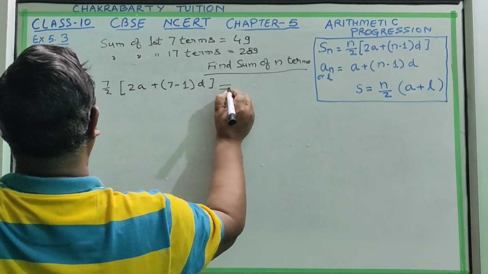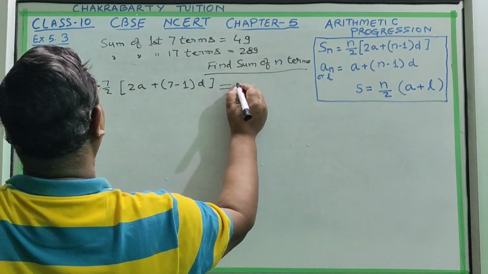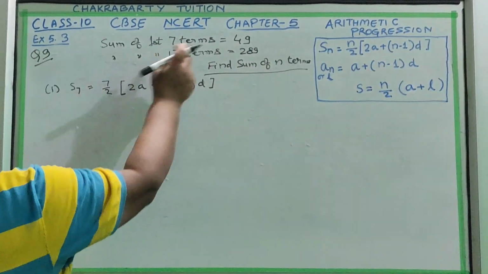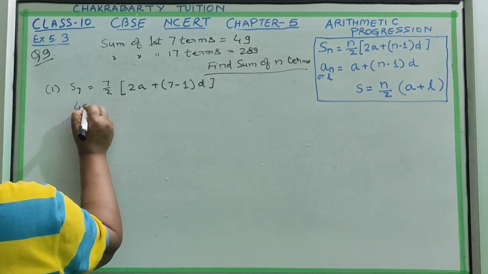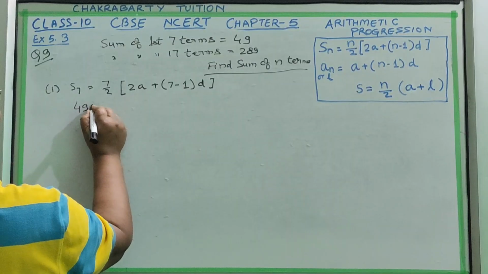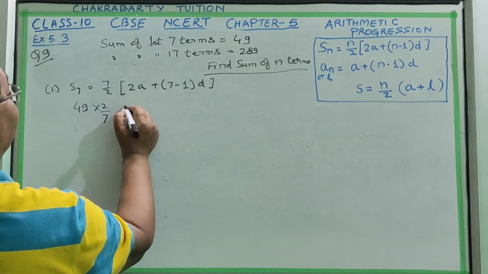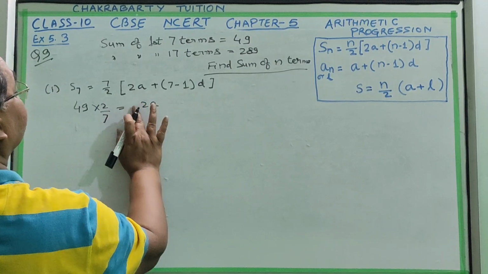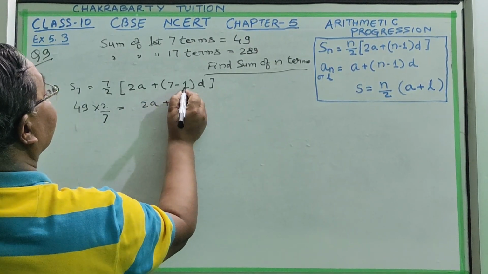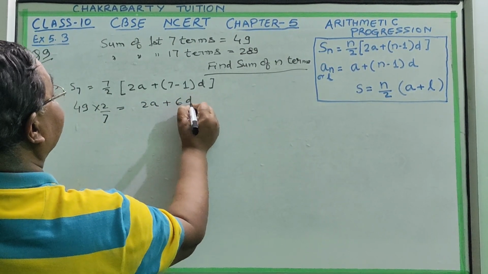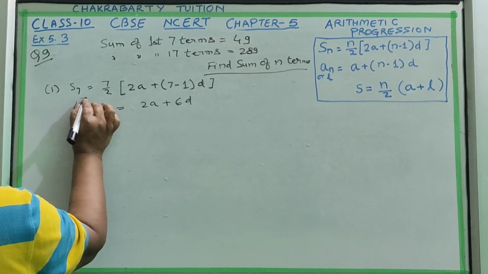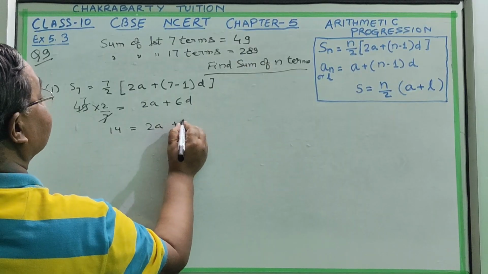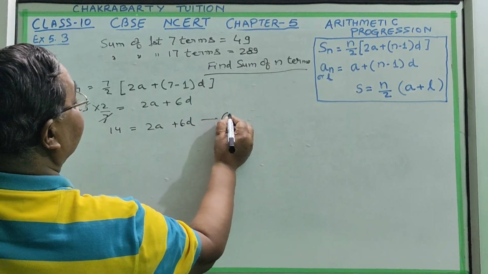If you will solve it, sum is 49. This will come to the other side, it becomes 2 upon 7, and equal to 2a plus 6d. So 7 sevens are 49, 14 upon 7 is equal to 2a plus 6d. So it is your one equation we have solved.